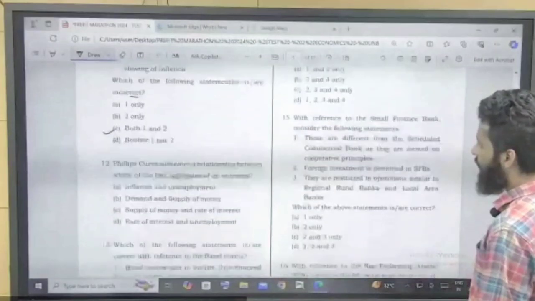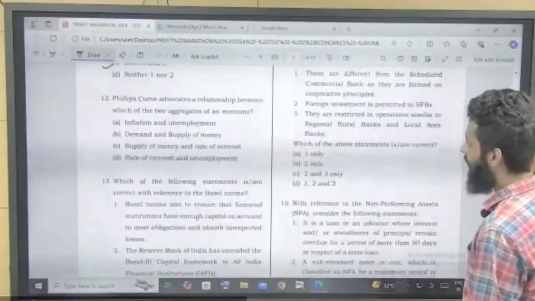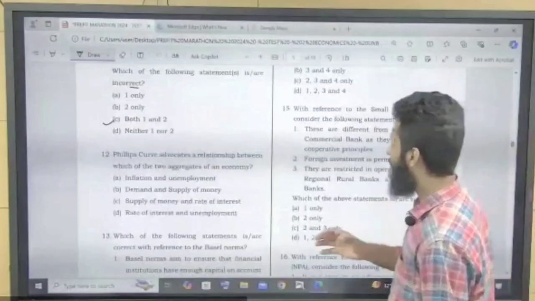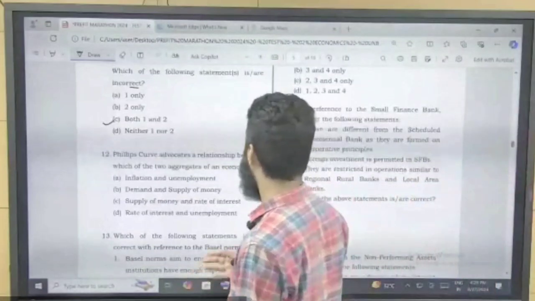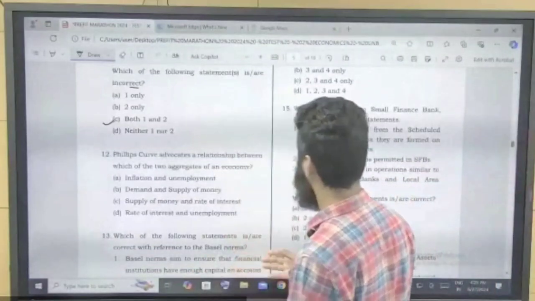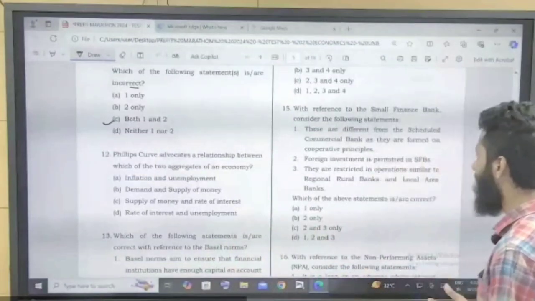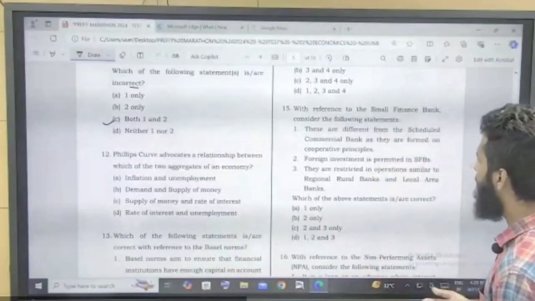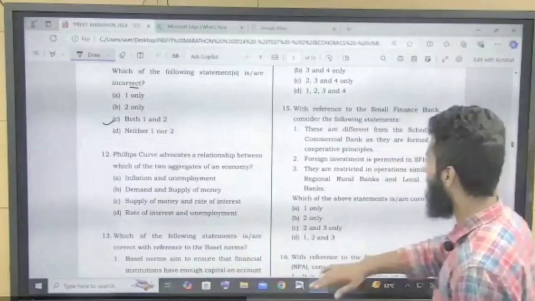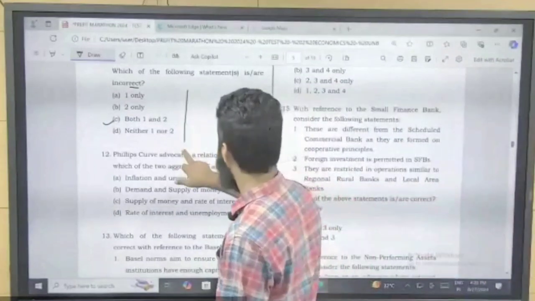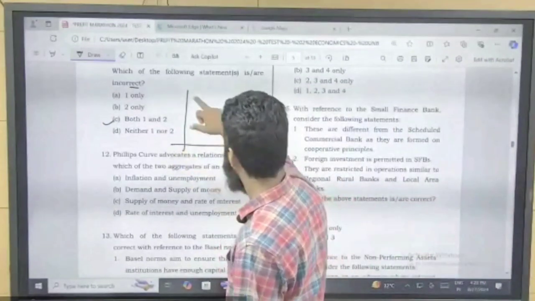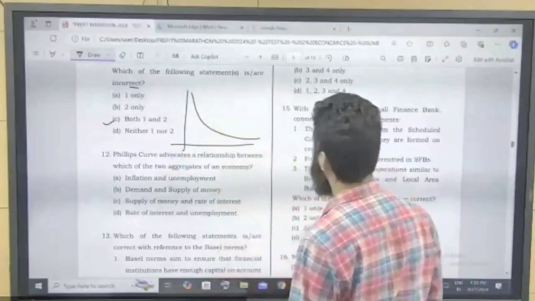Now come to next question, question number 12. Phillips curve advocates a relationship between which of the following aggregates of an economy: inflation and unemployment, demand and supply of money, or rate of interest and unemployment. So Phillips curve talks about inflation and unemployment.